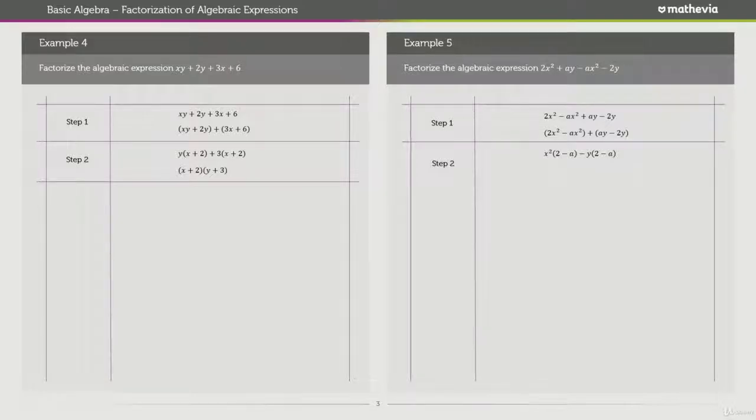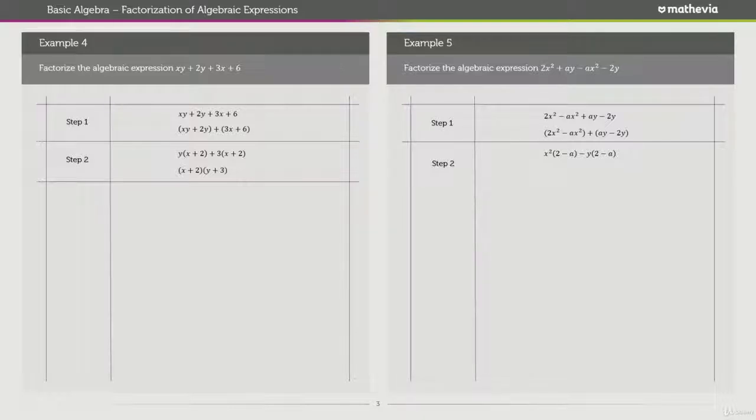Factorizing the first group, we have x squared multiplying 2 minus a. Factorizing the second group, we have y multiplying 2 minus a. Oh no, we have minus y, because if we factorize using y, we'd actually have a minus 2. If we factorize using minus y, we have 2 minus a.